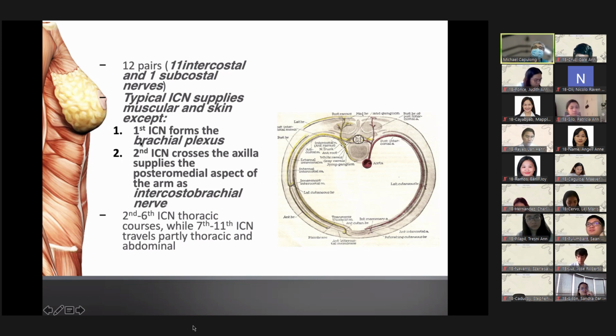Except for the first intercostal nerve, which forms part of the brachial plexus, and the second intercostal nerve, which crosses the axilla and supplies the posteromedial aspect of the arm as your intercostobrachial nerve. Okay. So the rest, the second to the sixth intercostal nerve, will have thoracic courses, while the 7th to the 11th intercostal nerves travel partly thoracic and abdominal.